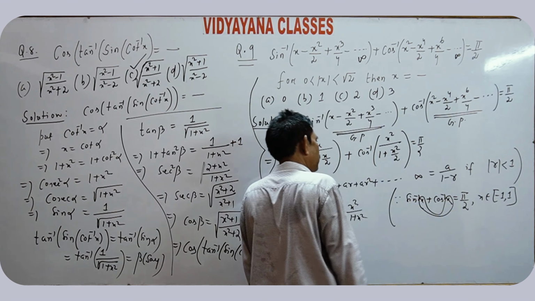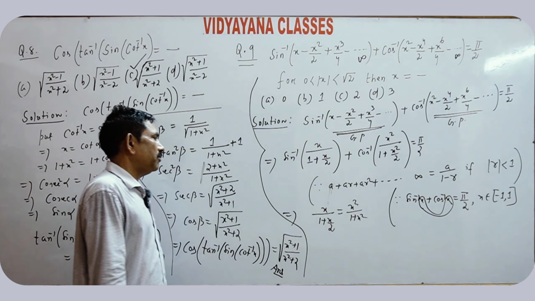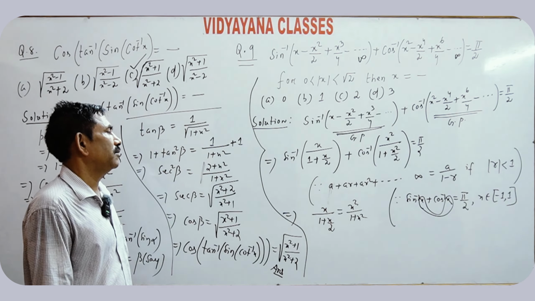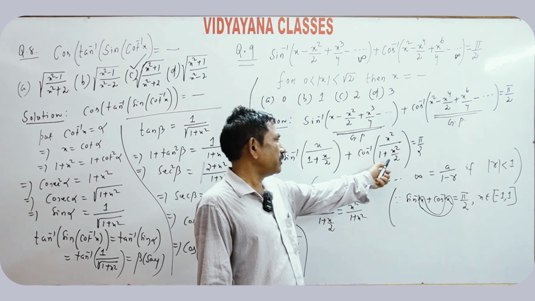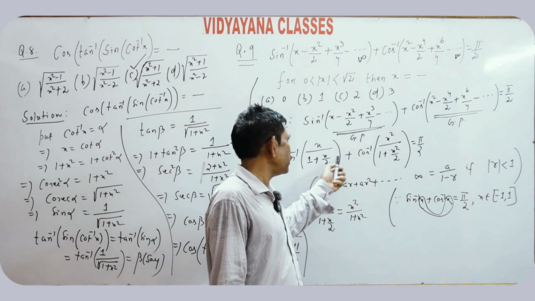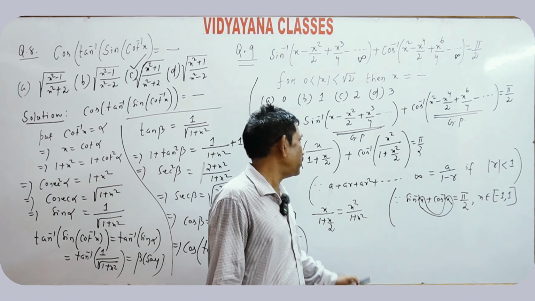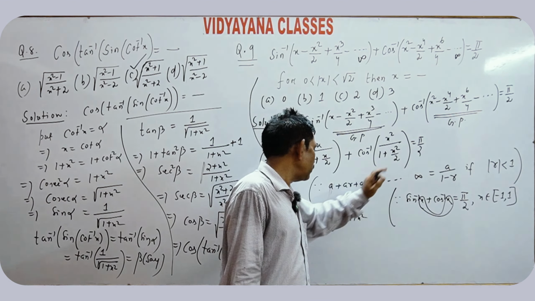In this condition, sin inverse x plus cos inverse x is equal to pi by 2. Since this is the same as this, this must be equal to this.